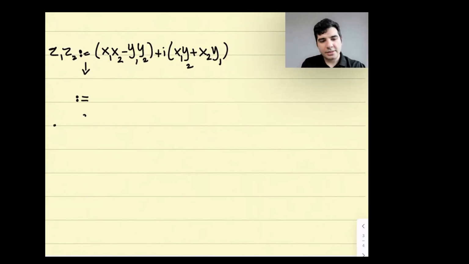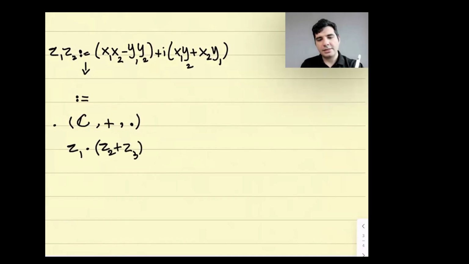So now the set of complex numbers has addition, but also has multiplication, right? Now we have two algebraic structures on C, both addition and multiplication. The essential thing is that all the good natural algebraic axioms for addition and multiplication that we know hold for these. So for instance, Z1 times (Z2 plus Z3) is equal to Z1 Z2 plus Z1 Z3.